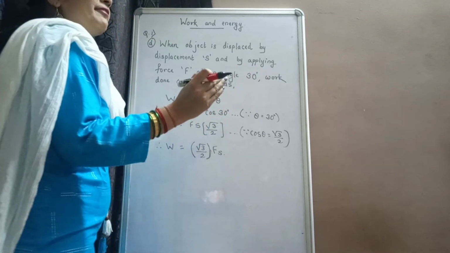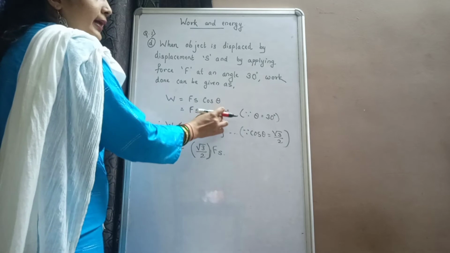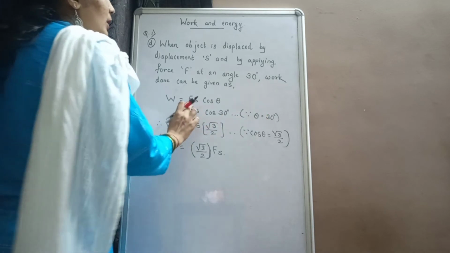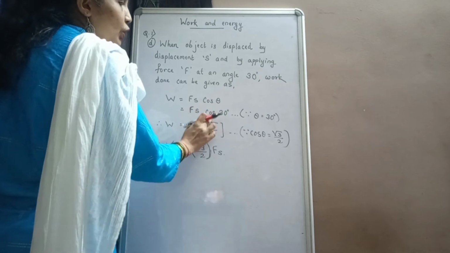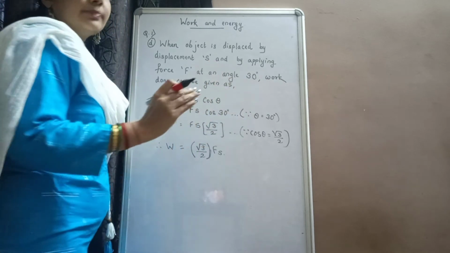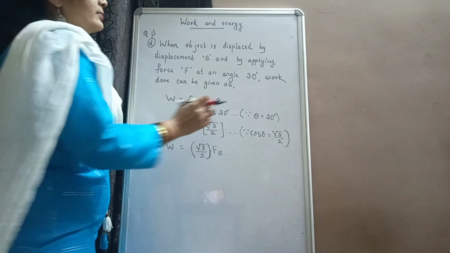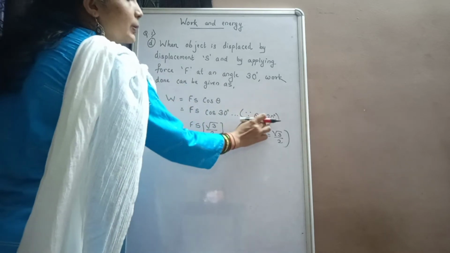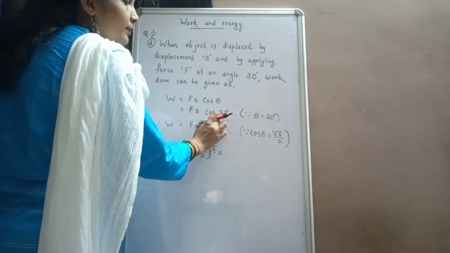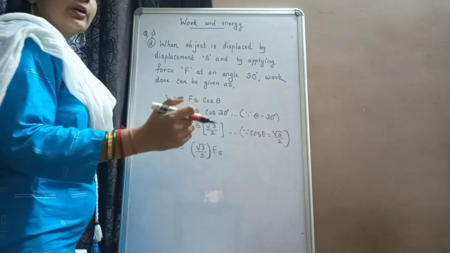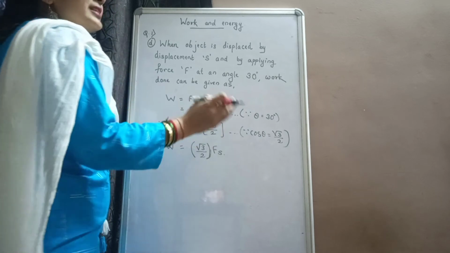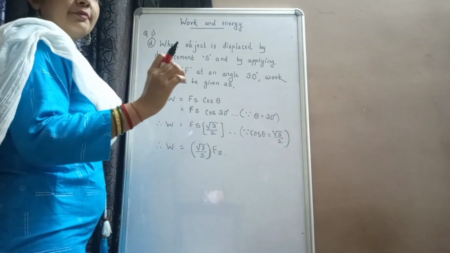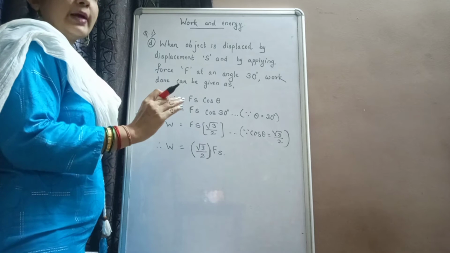There are different values for cos of those angles. So Fs cos theta, where theta is equal to 30 degree. Sometimes theta is 45 degree, 60 degree. So cos 30, cos 45, cos 60, the values are different.